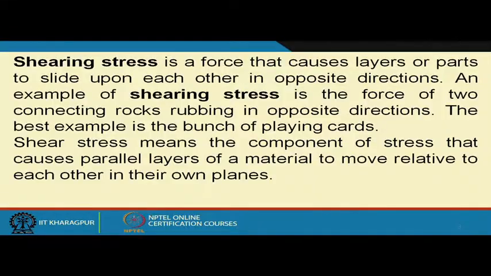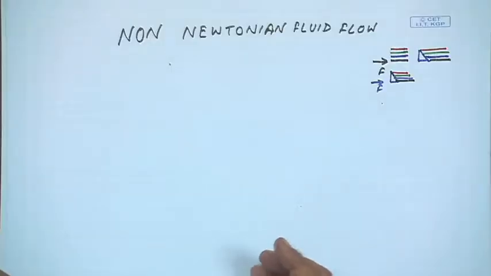The best example we have given is the card example, which you can easily understand, because playing cards you may have in all the houses. So, you take that bunch, put a little with another very thin one, give a sudden force to the bottommost, and you will see that there will be a distribution like that.